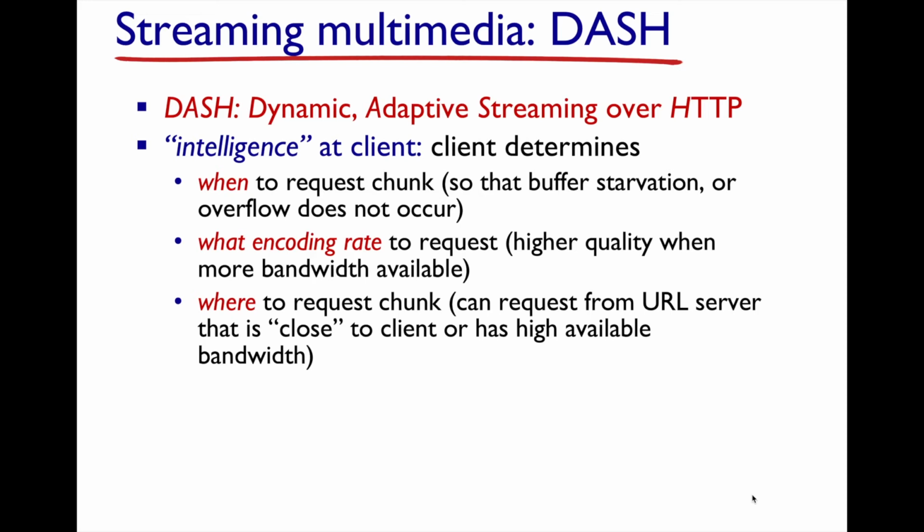Moreover, because you have multiple locations encoded in this manifest file, you can also switch locations should a particular server not be fruitful anymore because maybe there's a lot of congestion. So let's say you're here in Dover, and let's say the closest server is in Philadelphia. And all of a sudden, for some reason, a lot of people in Philadelphia are watching this movie.